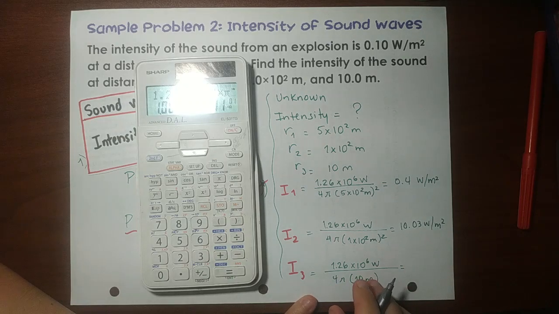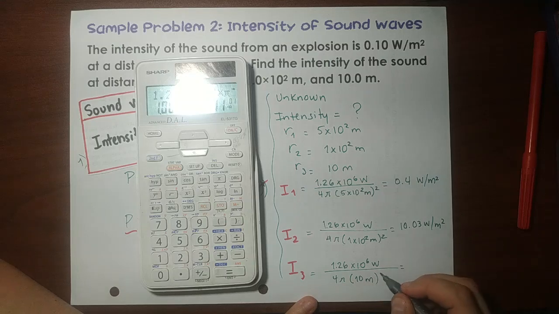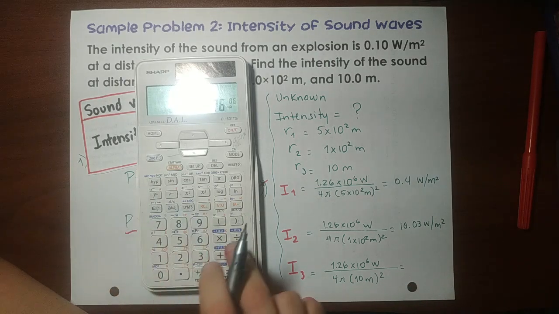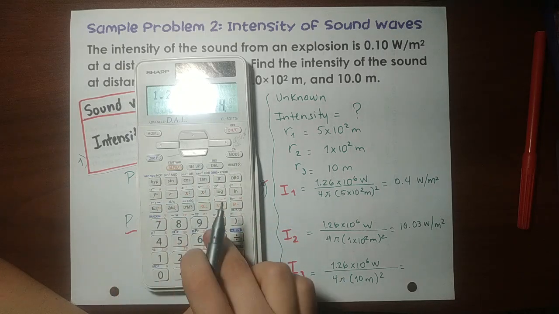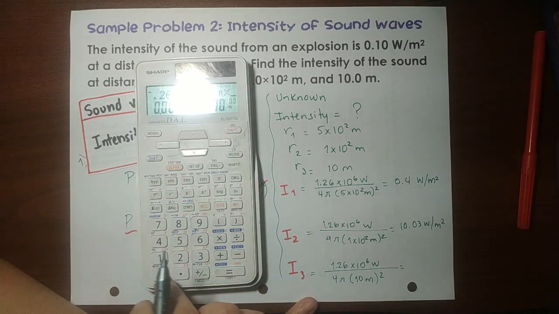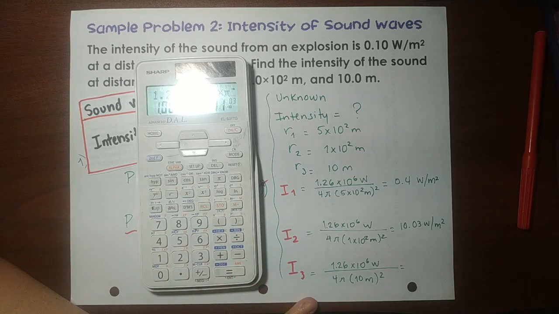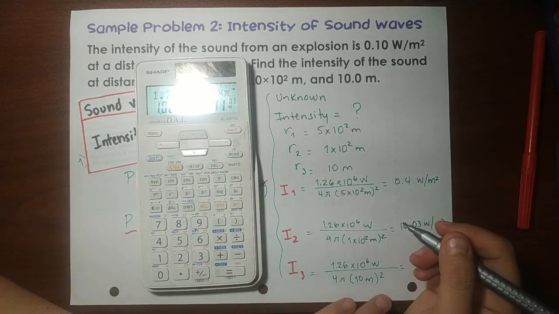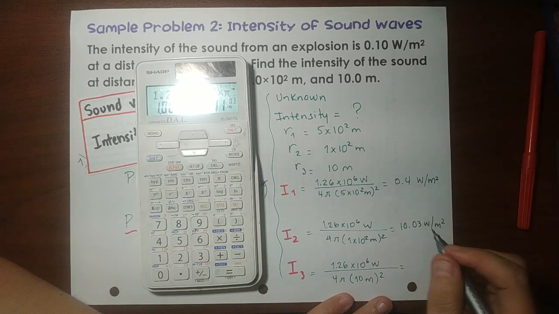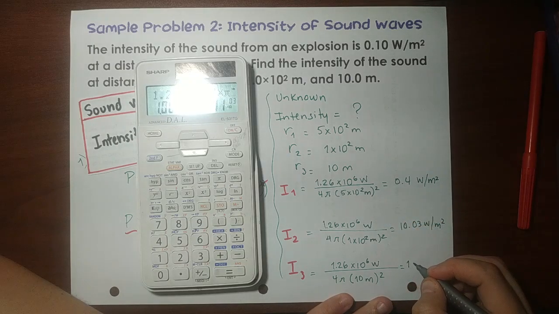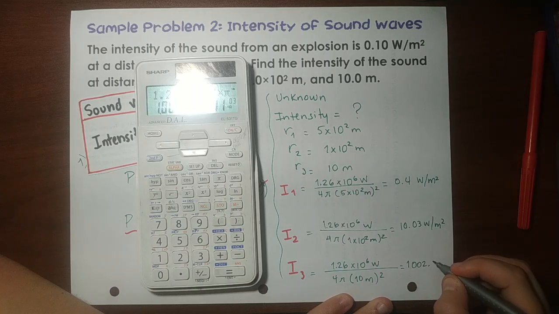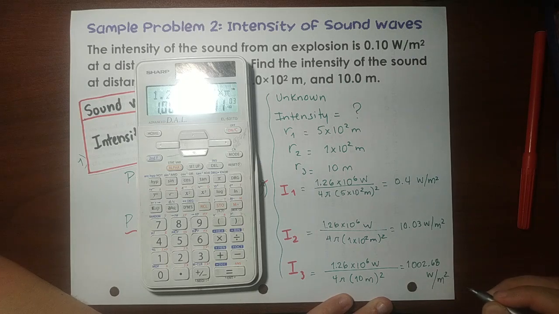And the third intensity, this is raised to the second power, sorry, is 1.26 exponential 6 divided by 4 times pi times 10 to the second power. I have this intensity to be 1002.68 watt per meter square.